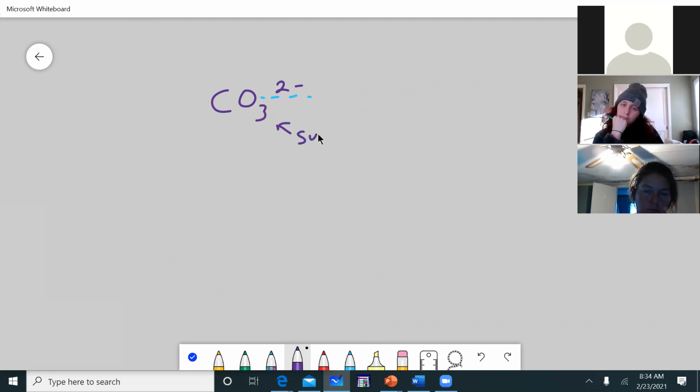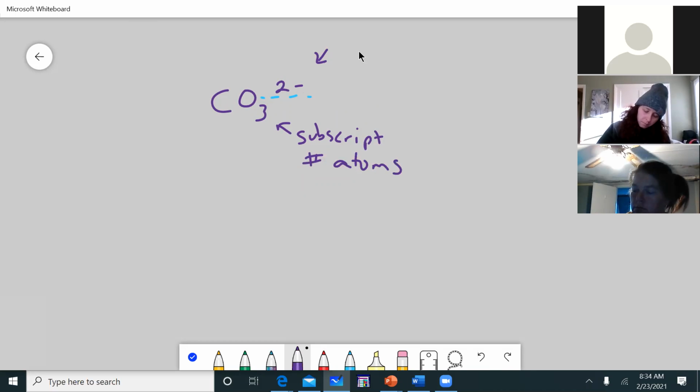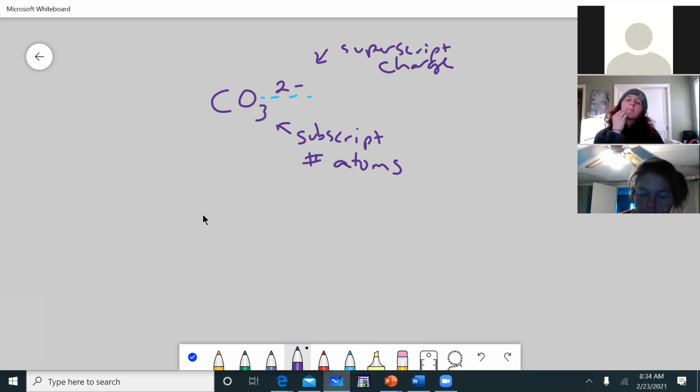Subscripts tell us the number of atoms, right? Superscripts tell us the charge. So we don't want to have those cross that path.